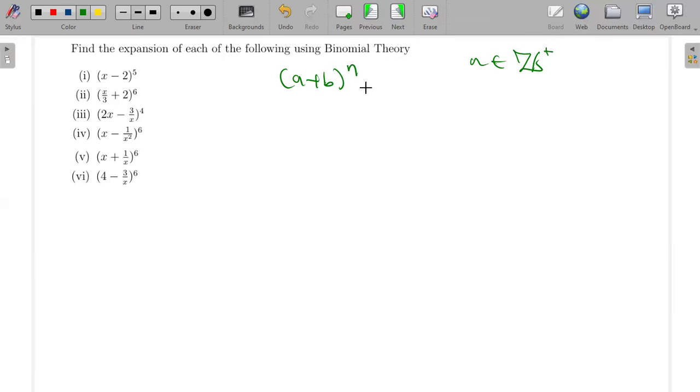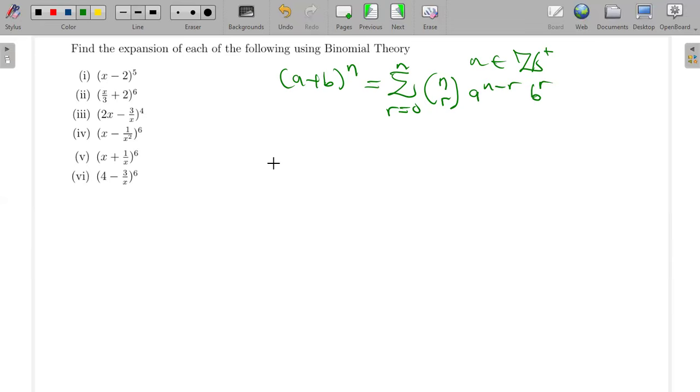Then this here will employ the formula to say summation, sum r from 0 to whatever power of n, and then you're going to say that is n choose r. So that combination which we talked about at the start of this video. And then you have a to the power n minus r, and then you have b to the power r. So this is what you would get.